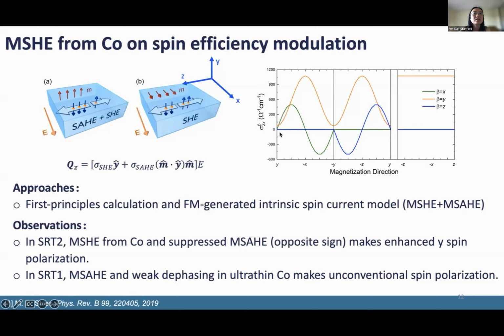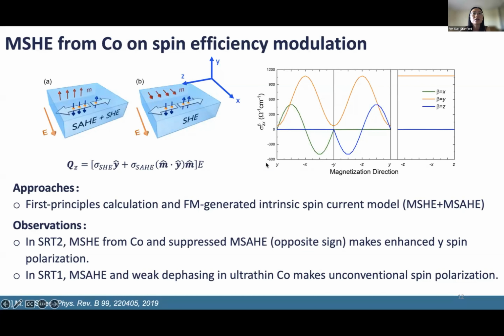And we can plot the spin Hall conductivity versus the magnetization direction for X, Y, and Z spin polarization. The orange one is the Y spin polarization, which is conventional, and the green one is the X spin polarization, which is what we investigated before.